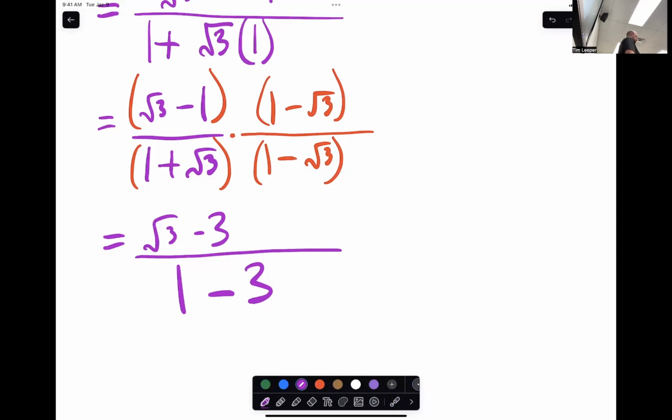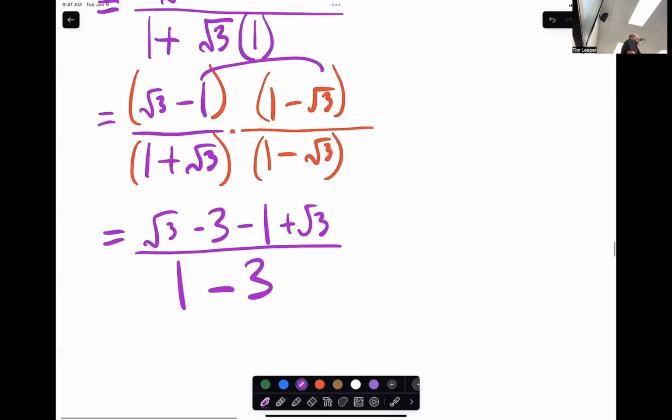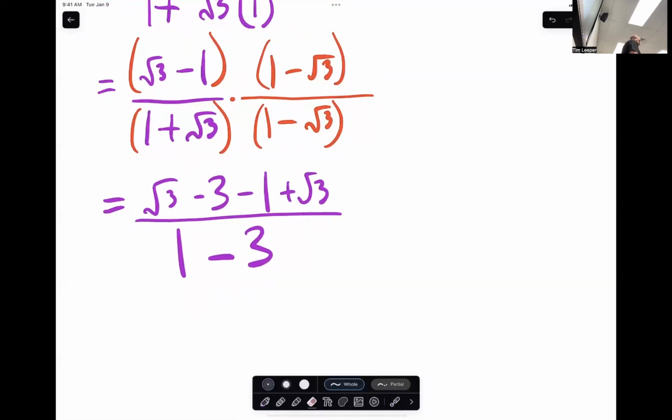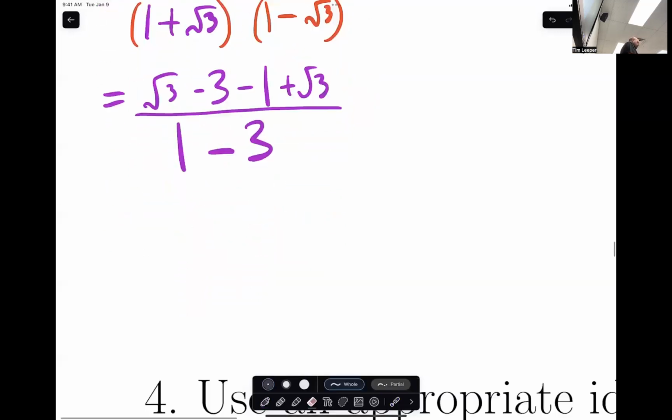Okay, minus 3. Now distribute the negative 1. Negative 1 times positive 1 is negative 1. And then negative 1 times negative square root of 3 is positive square root of 3. Wonderful. Now we need to simplify. Let's look at the numerator here. Negative 3 minus 1.